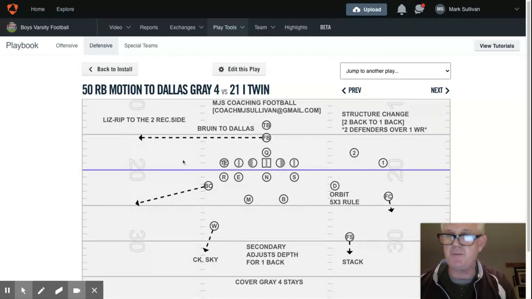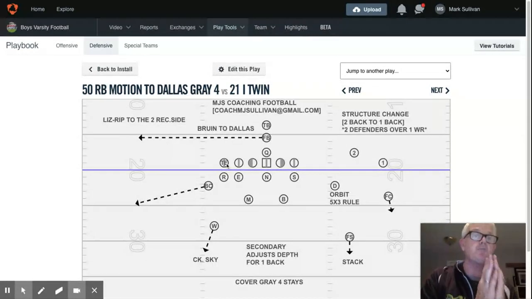Since the running back is going to the tight end side, that's opposite the Rip call. Again, no rope needed because we have 1, 2 available, and here's our third, the rover. So 1, 2, 3 over 1, 2. Again, we are +1, and these are the built-in aspects of our self-adjusting defense.